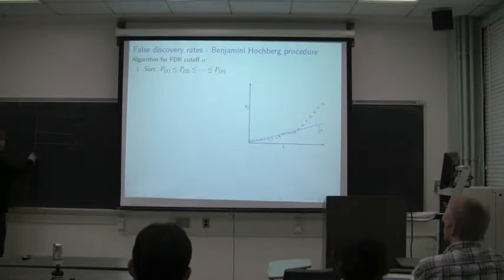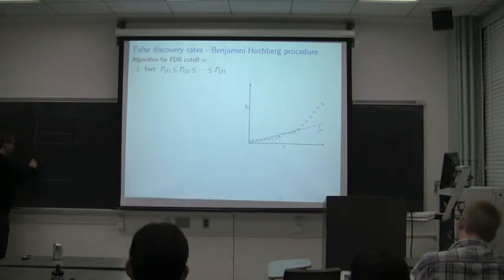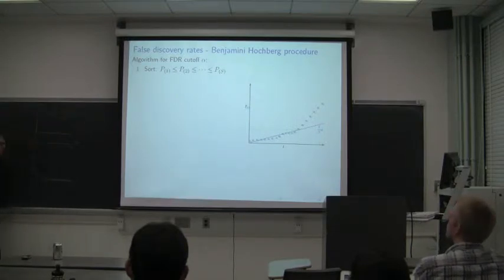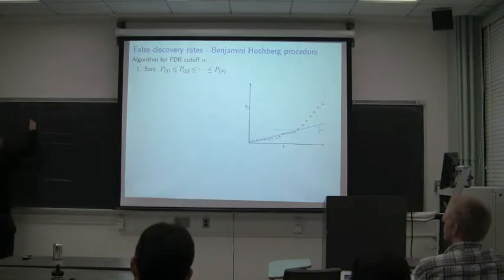Now, say for my alternatives, if I'm smart enough and don't write down a test where I also get a uniform distribution, but something where under the alternative I get a small p-value, I'll probably get some distribution that looks like that. Those are the alternatives. So this is H1, this is H0. Now what I really observe is the sum of the two, right?